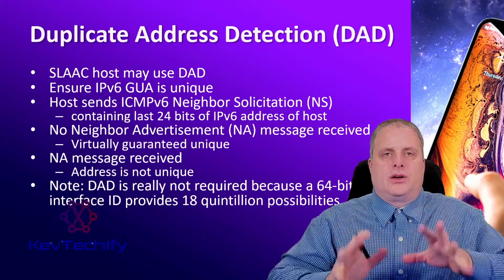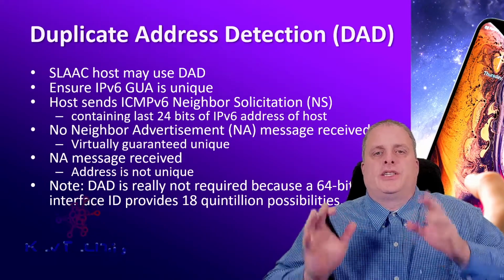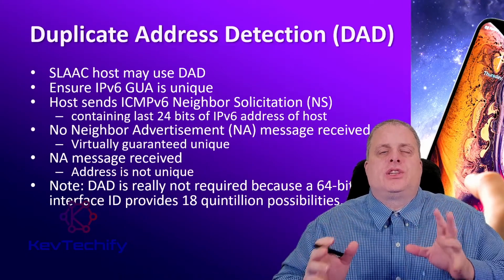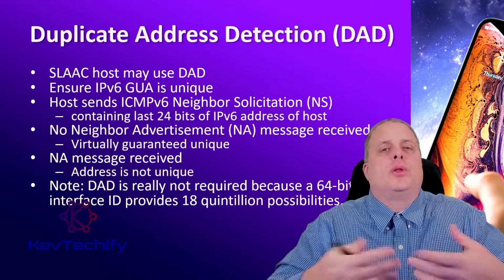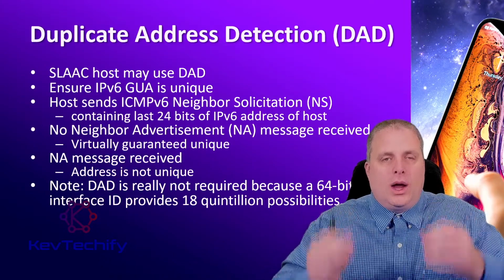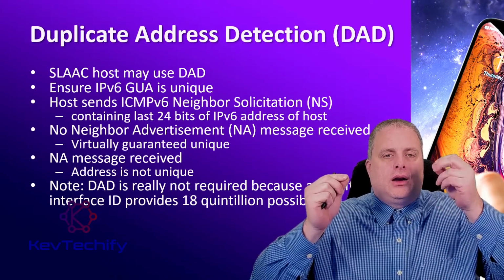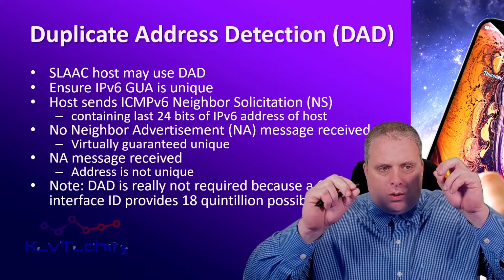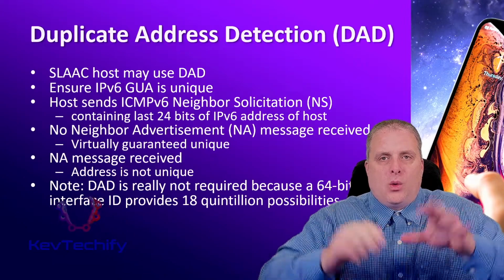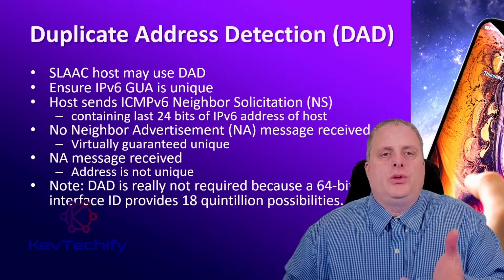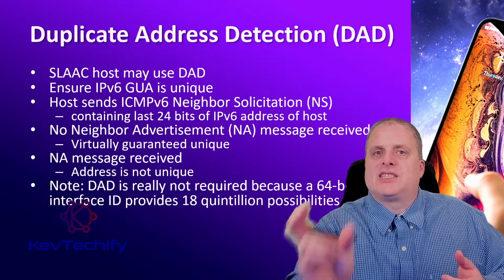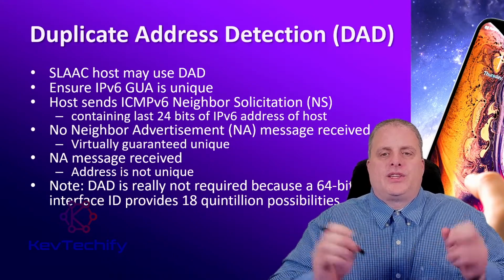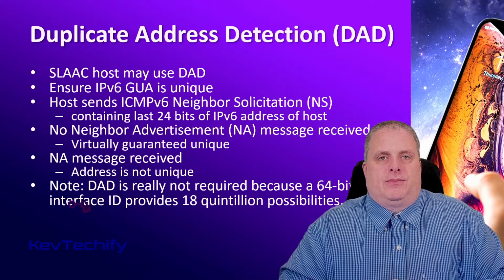There's a process out there called duplicate address detection, or DAD for short. What this allows us to do is make sure we don't have duplicate addresses when we generate our global unicast address. When we generate our global unicast address, we generate that last 64-bit identifier. We send out a neighbor solicitation.